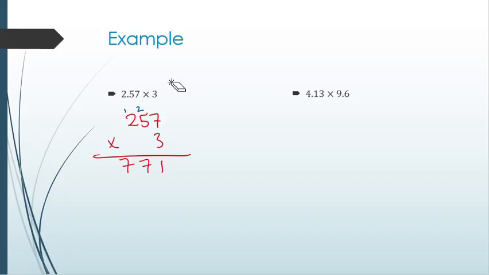I have to look at both of them. Now, so far, I only count 2 decimal places in 2.57, and in the 3, there's nothing. So far, there's only 2 decimal places here. So just jot that down.